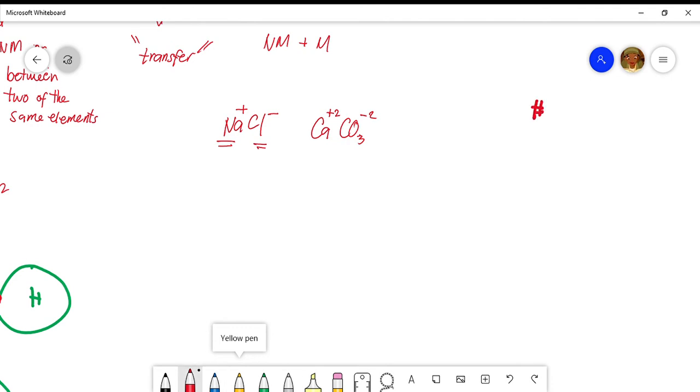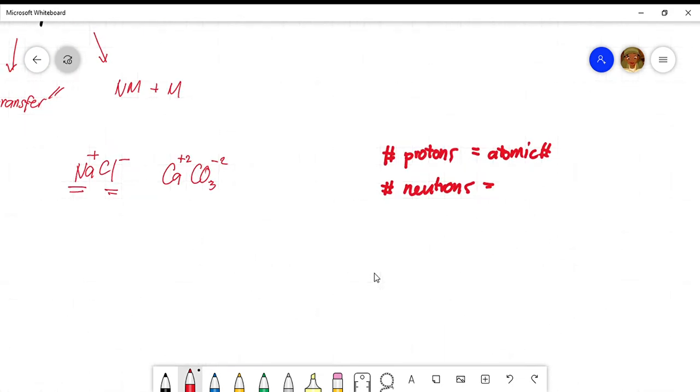We can solve this through the number of protons equal to the atomic number, and the number of neutrons equal to the mass number minus the atomic number.